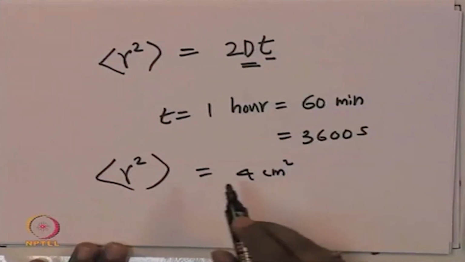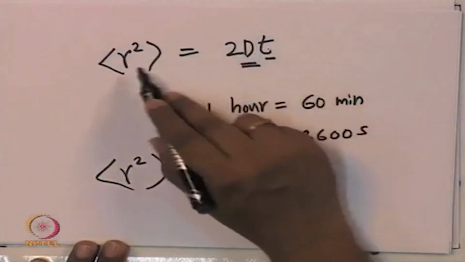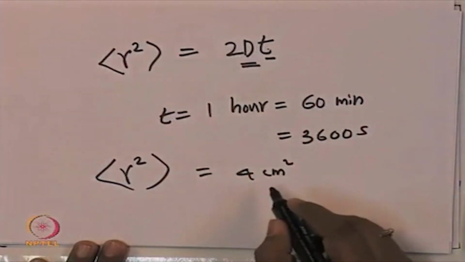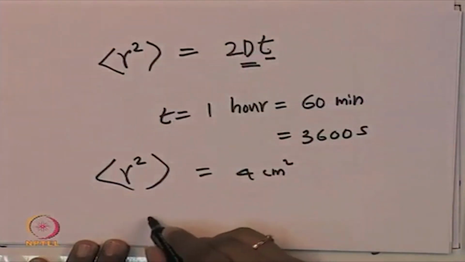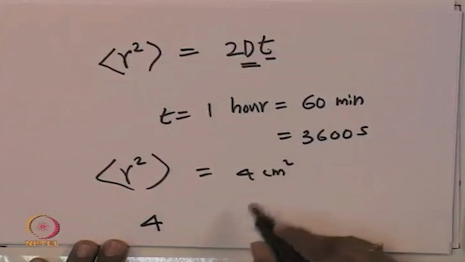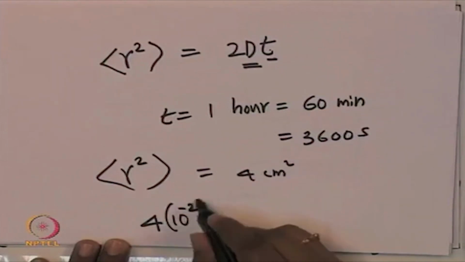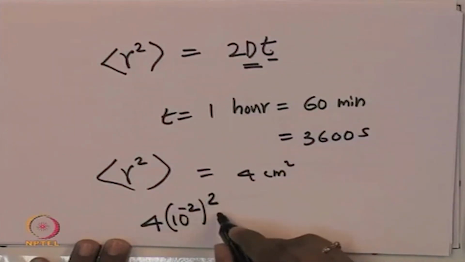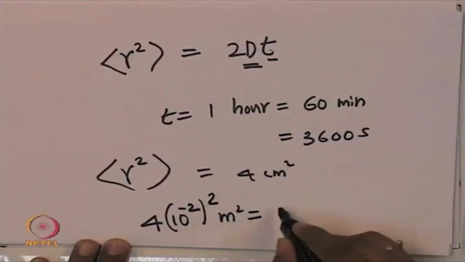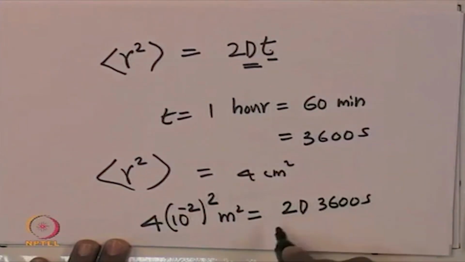So, from this we know t, we do not know D, but we know this. Let us substitute 4 centimeter square. Centimeter is converted to meter. So, 4 into 10^-4 meter square is equal to 2 into D into 3600 second.